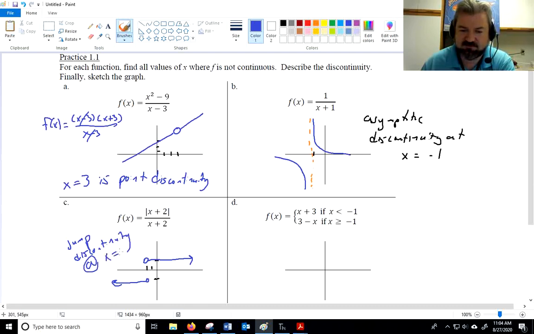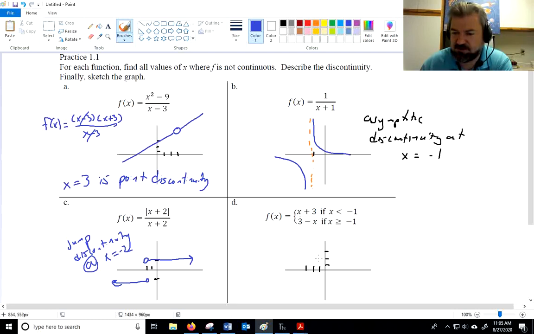All right, here we have x plus 3 and 3 minus x. We need to be careful with these because sometimes they do connect, sometimes they don't. So just don't jump to conclusions and really check both sides. So when x is equal to -1, x plus 3 would be a 2.